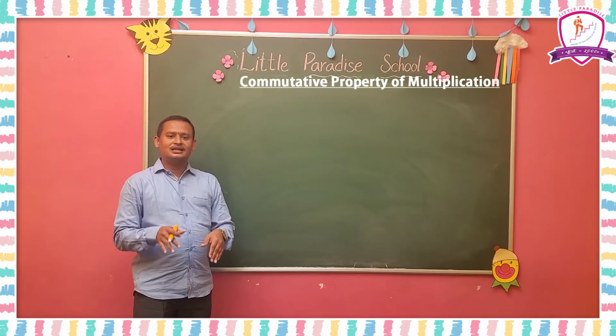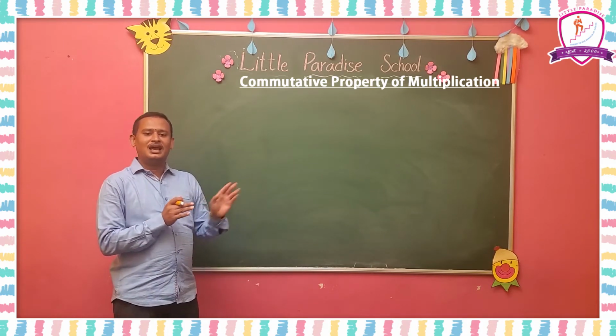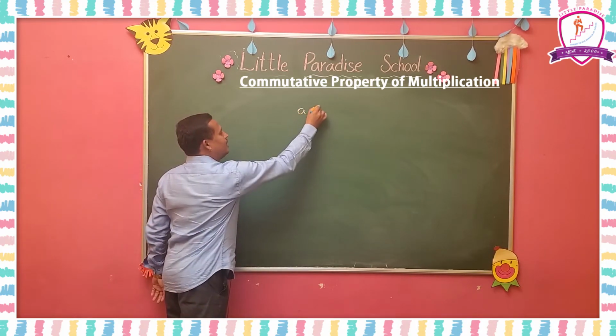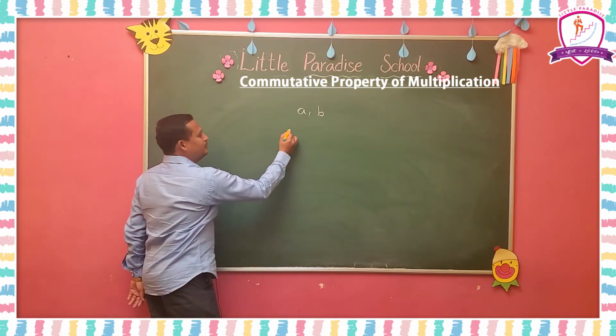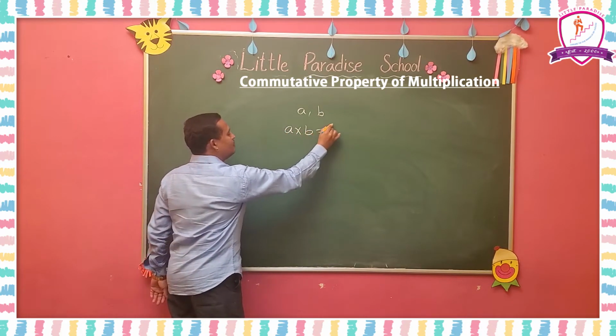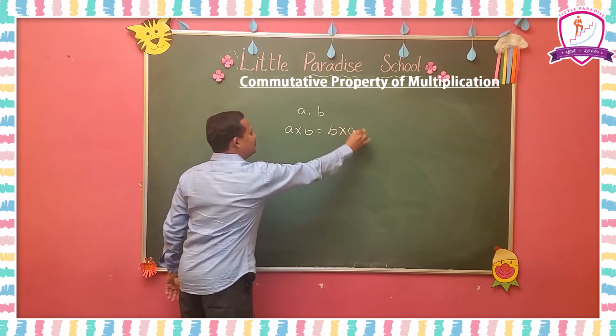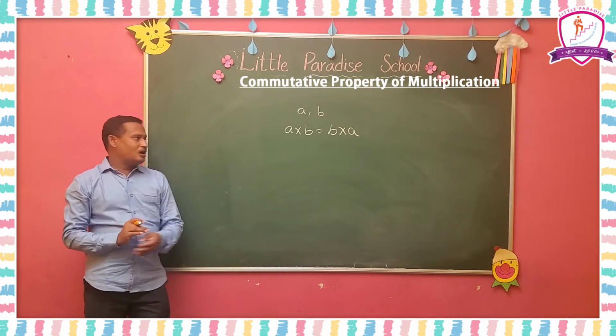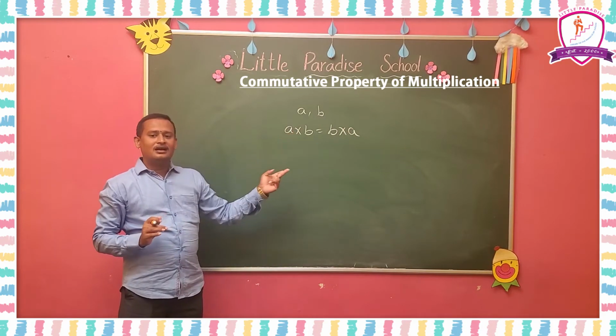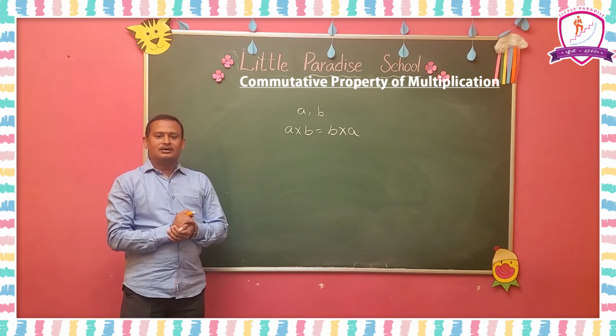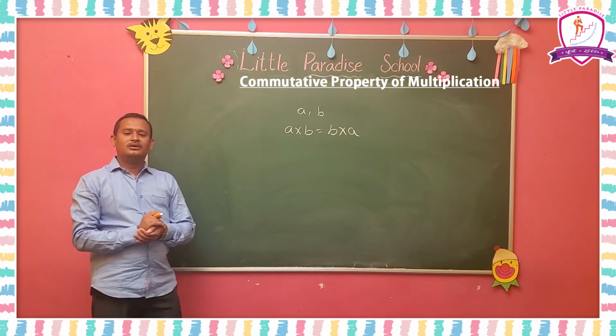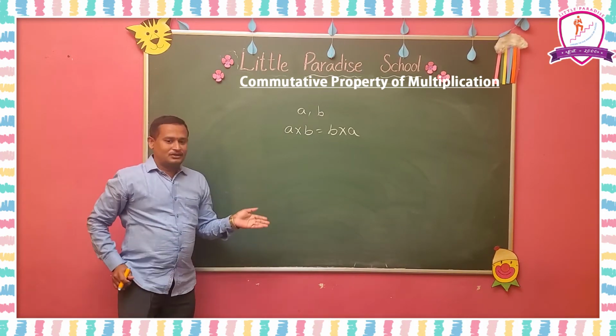So here also like that only, for any two integers a and b, a into b is equal to b into a. We will get the same product of a and b in any order. Okay. So we are going to discuss the commutative property of multiplication.